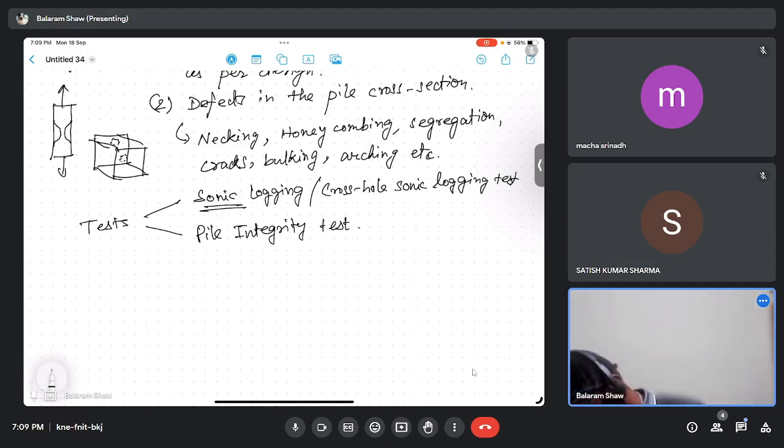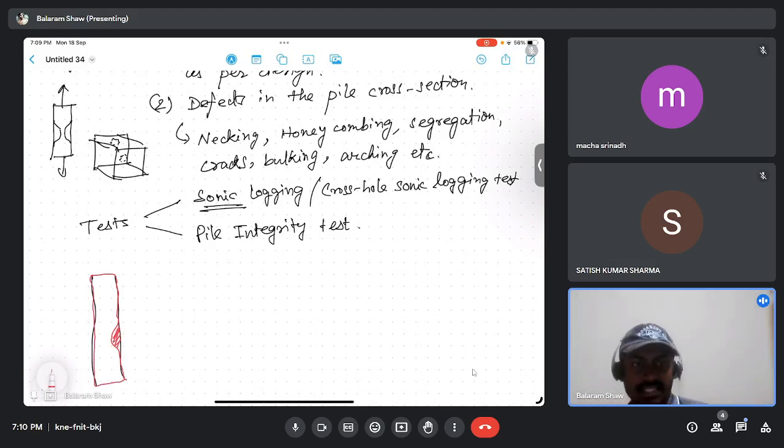So what I said, let us say this is the pile, and there is some kind of defect like this. Defect like what? At this portion there is no concrete.